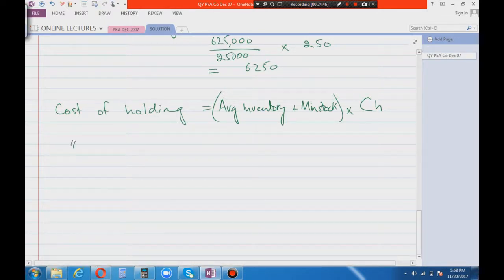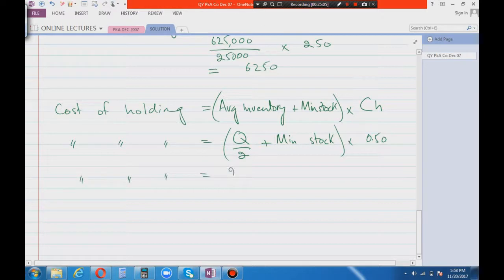So cost of holding is average inventory, which is quantity divided by 2 plus minimum stock. We already calculated, that was 10,000. Cost of holding one unit for 1 year would be half a euro.